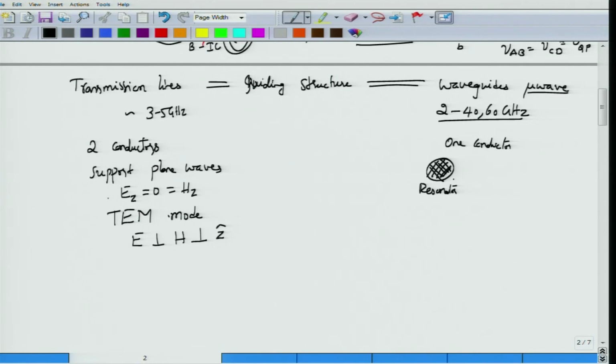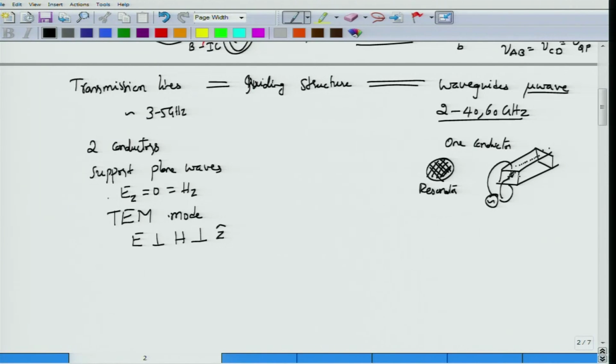But with one conductor, for example, if you are able to make a box out of this conductor, keep it hollow at both ends and then launch your voltage here. You would launch voltage by connecting some voltage source to the conducting plate. This would create an electric field and magnetic field, and these fields are transported from one side to the load side.